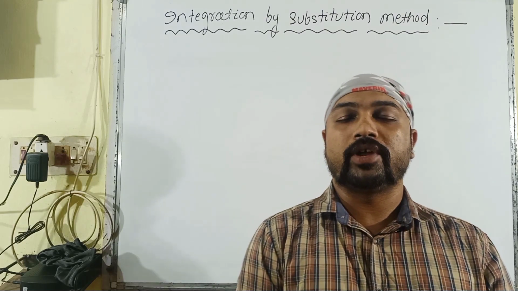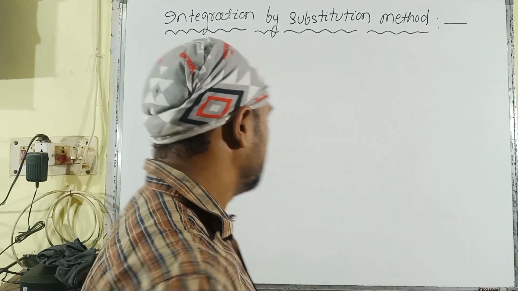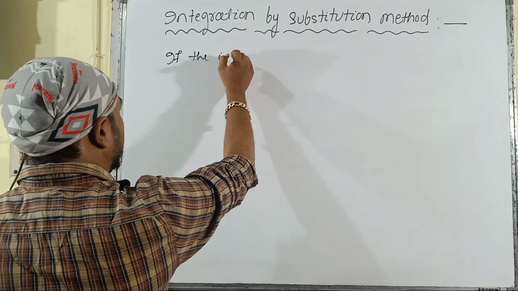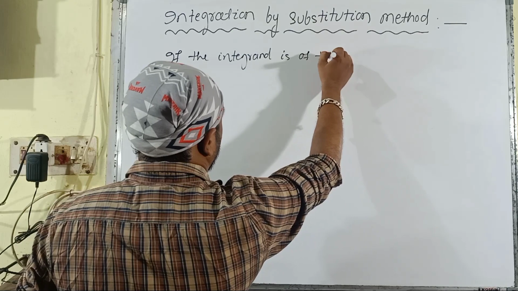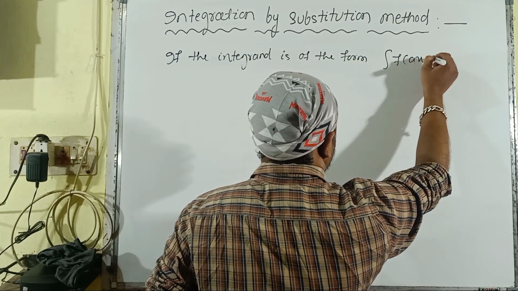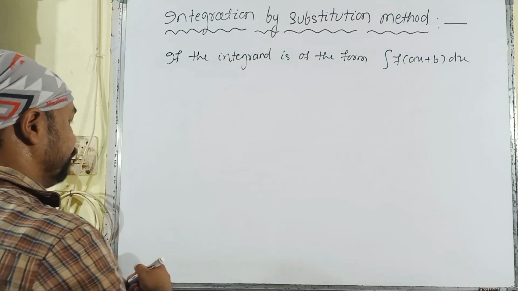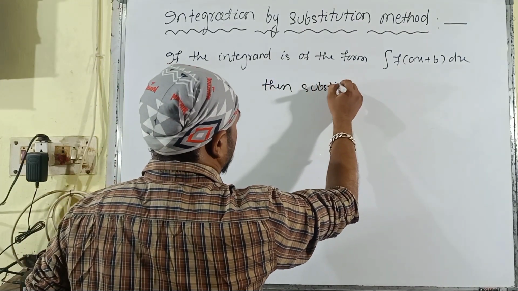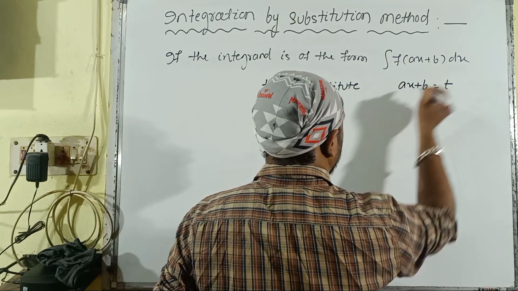In this particular video session we are going to discuss the third part of integration by the method of substitution, and that is: if the integrand is of the form integral of f of ax plus b with respect to x, then substitute ax plus b as t.